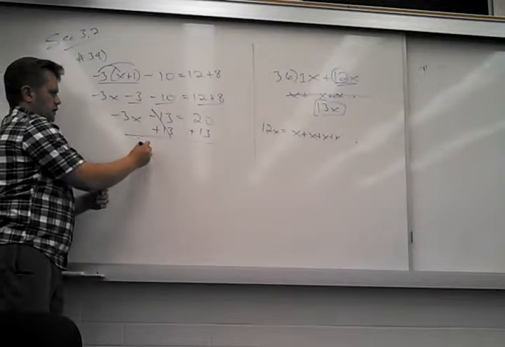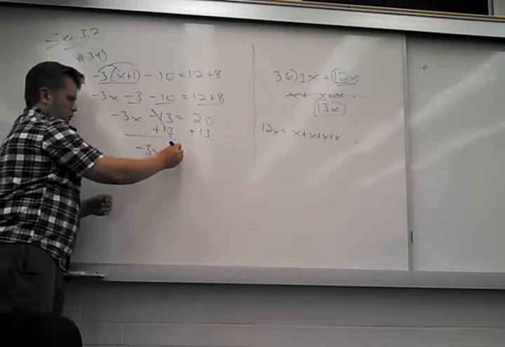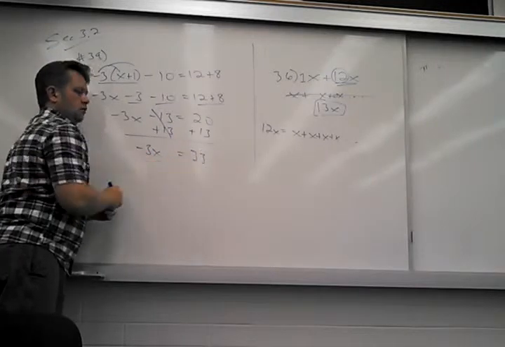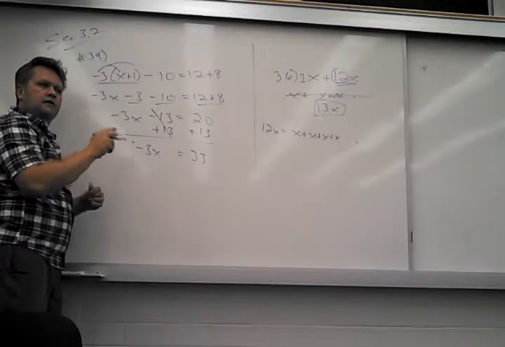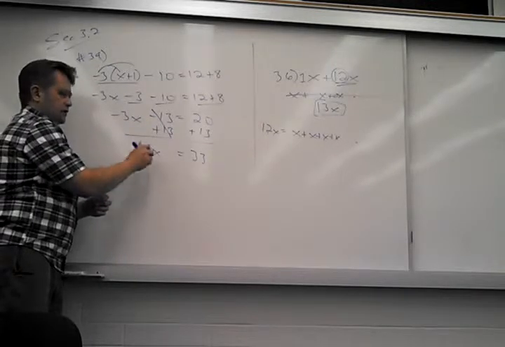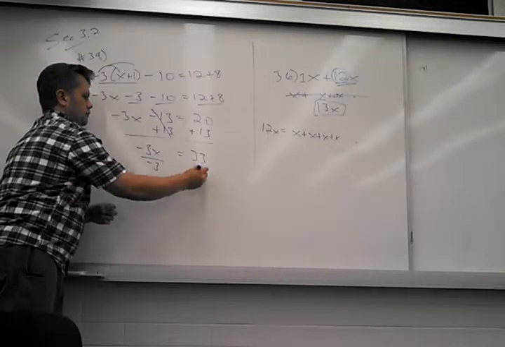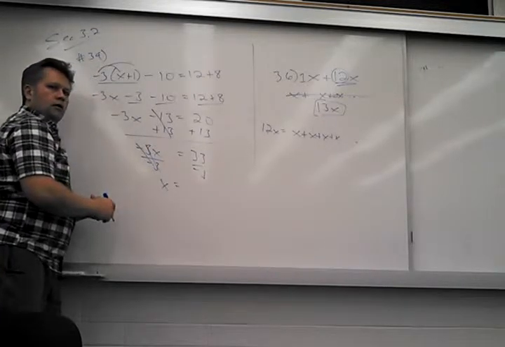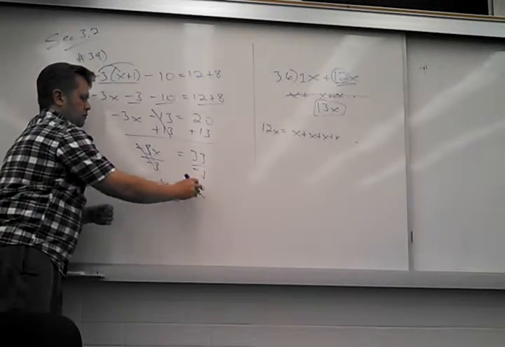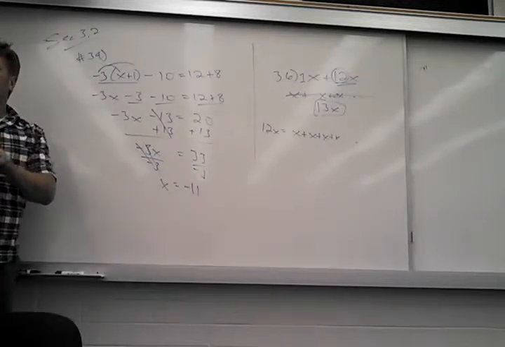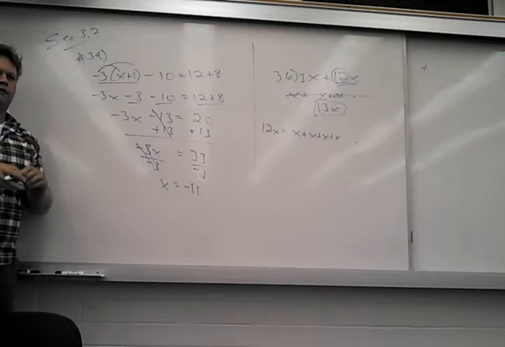I get negative 3x equals 33. Divide by 3. Your last step is almost always division. Whatever number's in front of the x, I divide by it to kill it. 33 divided by 3 is 11, but there's no other negative to kill that, so the answer is still negative 11. I can't kill that negative.